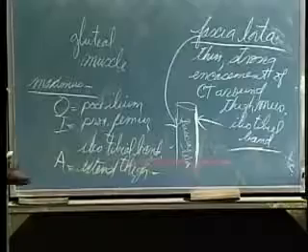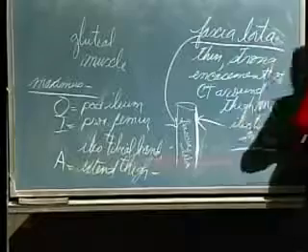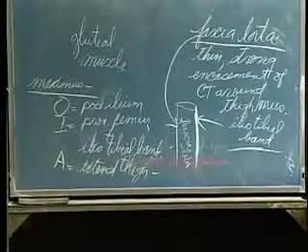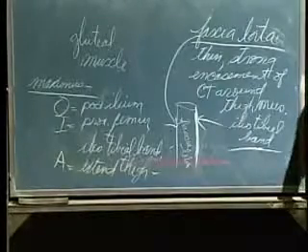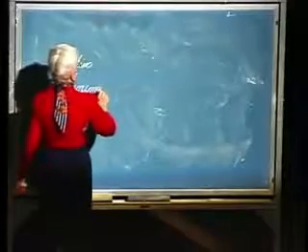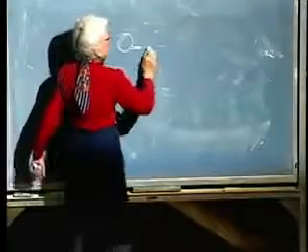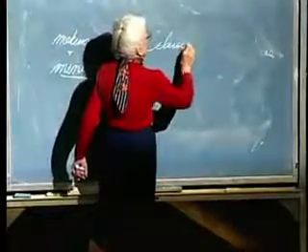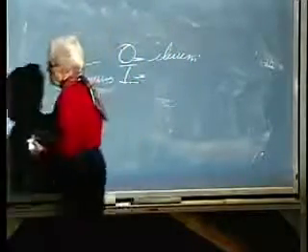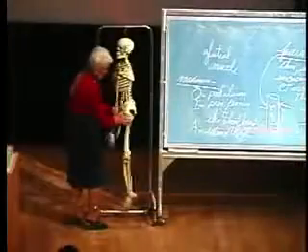Now the other two muscles, medius and minimus, will again originate on the ilium, but they will insert on this very large lateral protrusion at the proximal femur.